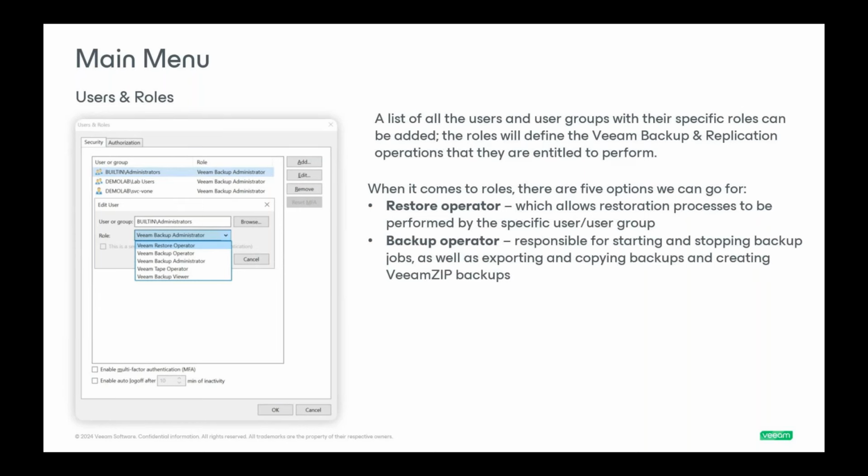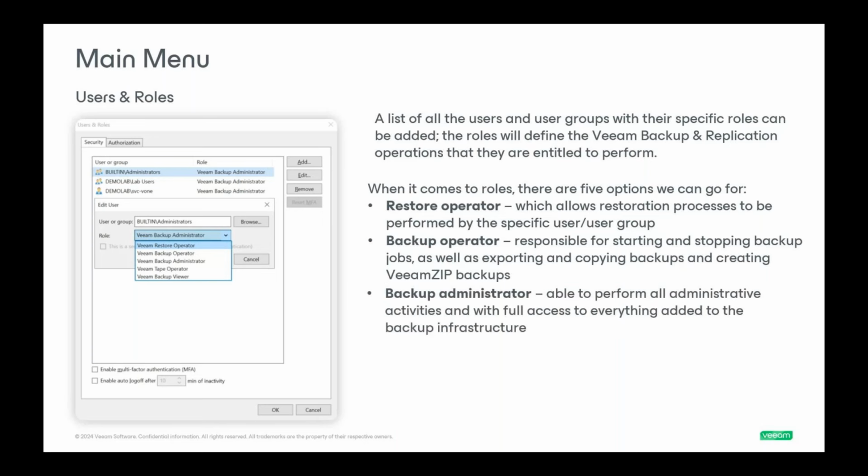Those backup operators, you can start and stop backup jobs, and you can create Veeam zips, and you can copy those jobs. An administrator, you're just being able to perform everything that you need to do. If you need to add more things to the infrastructure, you will be able to do that all right there within this window, and give that option to a specific user.